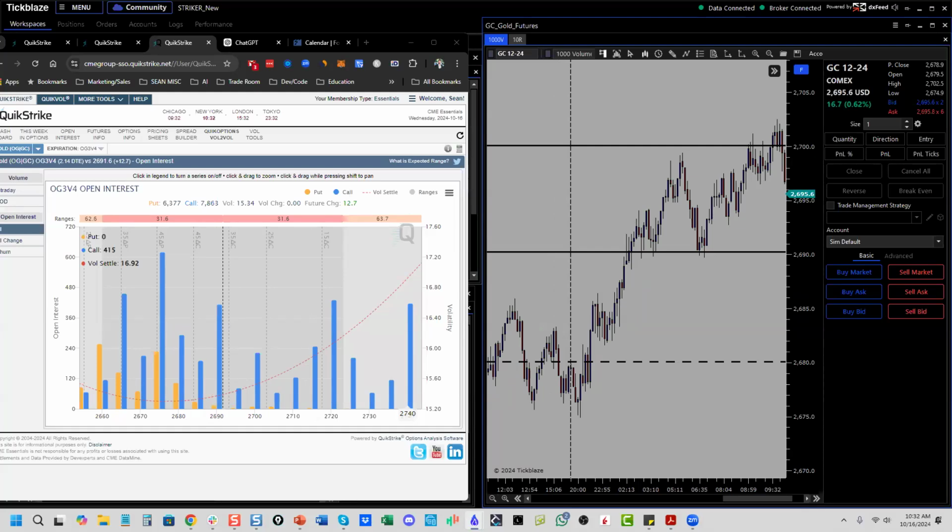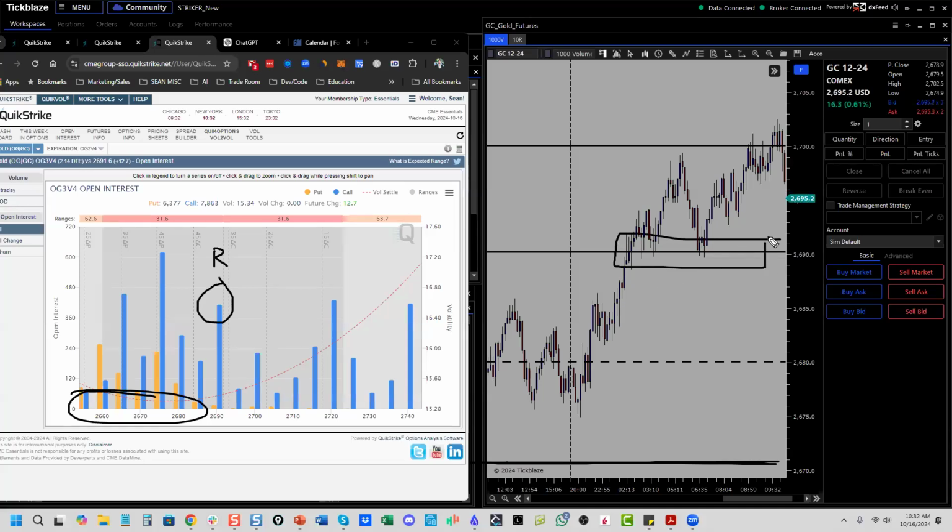We never got to 2670 today. So if you think about price, 2670, we never traded there today. So this is the only valid level here that matters. When the market opened and it failed to be resistance, it became the floor for the day because everybody got squeezed.